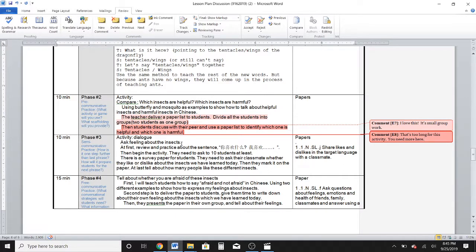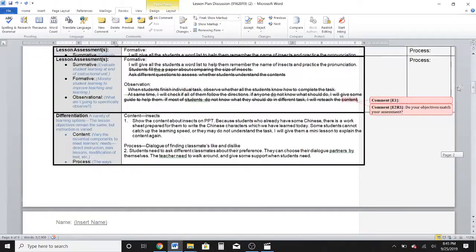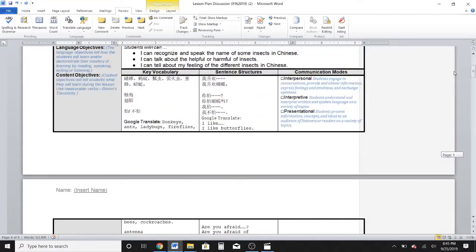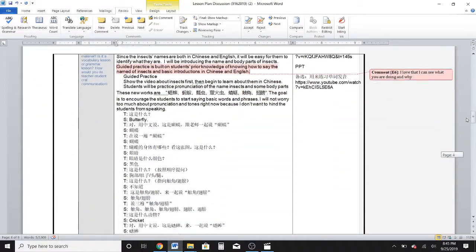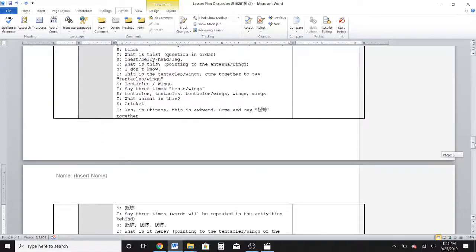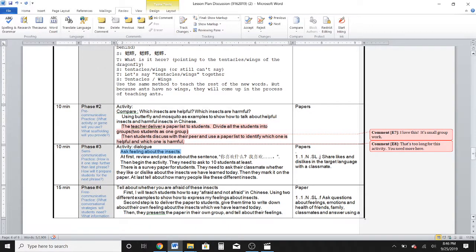Okay, so it asks them how they feel about the insects. Let's go back and check. Okay, I can talk about my feelings of the different insects in Chinese. Okay, so they're going to survey the students, but this isn't talking about harmful or helpful.